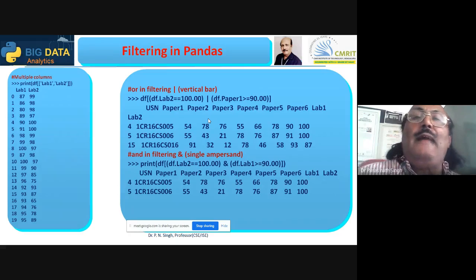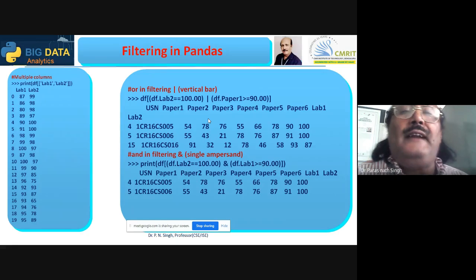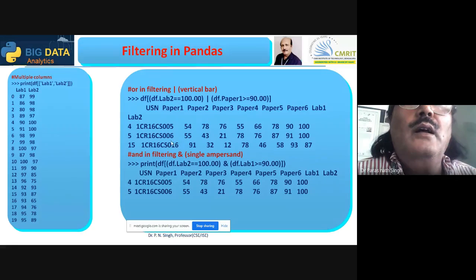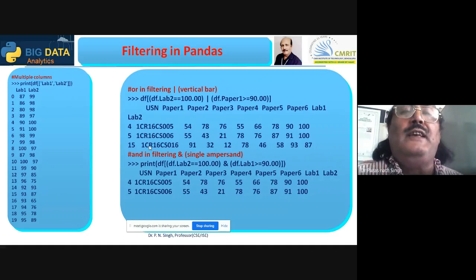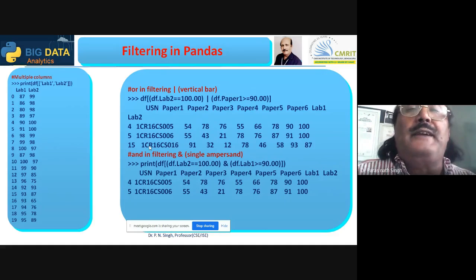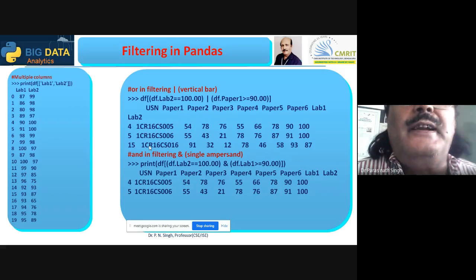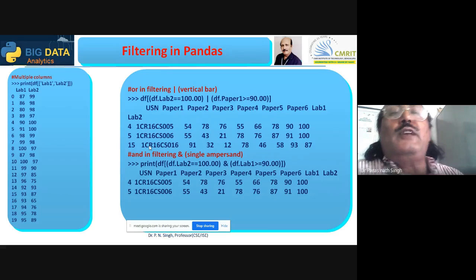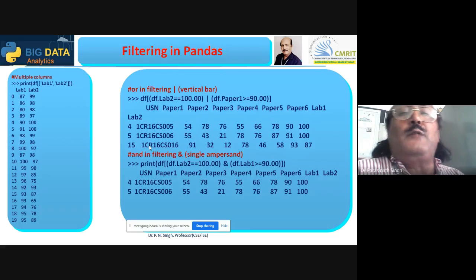So whether the lab 2 marks are 100 or not, and or. And here it is not double pipe, double vertical bar like C or C++ or Java or operator. It is single vertical bar. So you can say that it is the vertical bar for or in pandas filtering. df.paper1 greater than equal to 100.